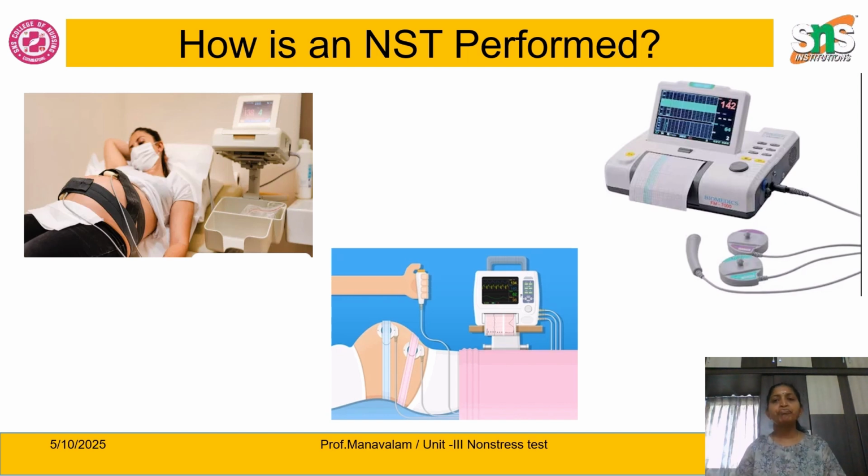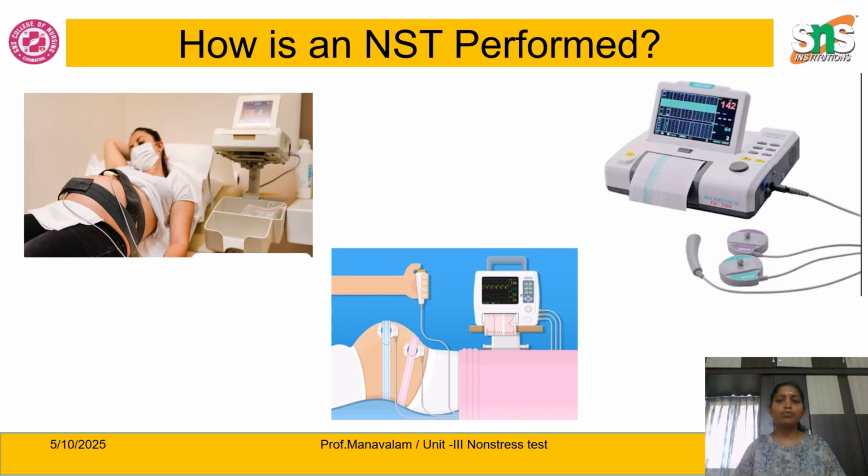In this graph sheet we have the baseline fetal heart rate and the variations in the fetal heart rate, which we can monitor. And also we can monitor the uterine contraction and the fetal movement. So these are the three things we monitor using the NST.